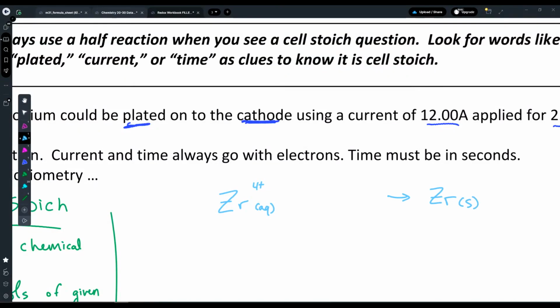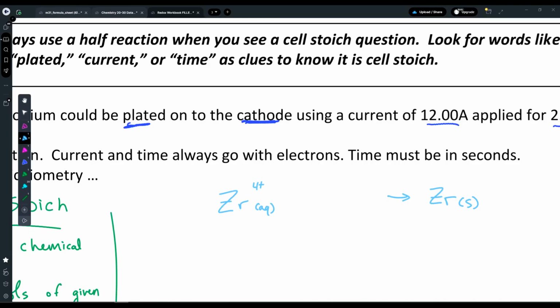Now to balance this half reaction, first we need to balance anything that isn't hydrogen or oxygen. So we need to balance zirconium. There's one zirconium on each side, so it's already balanced. There's no hydrogen or oxygens to worry about. Now I'm going to move towards balancing the charge.